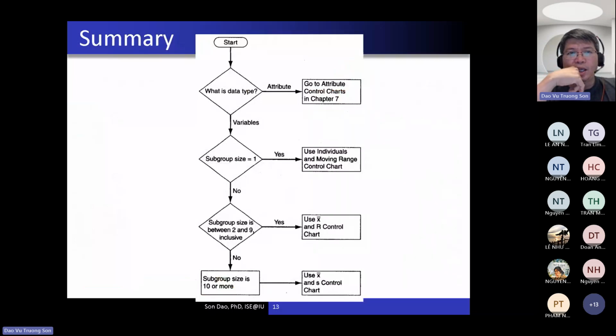So let's take a look at the overall flowchart to recommend the control charts. When we start, the question will be what kind of data type we have.